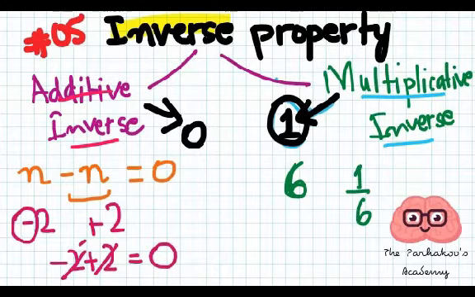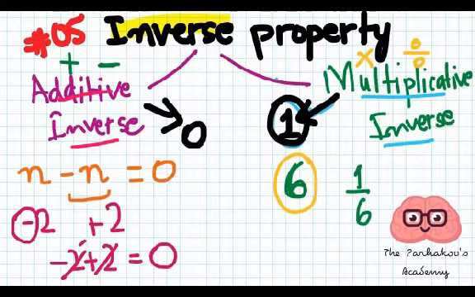As you all know, the opposite of addition is subtraction. Similarly, the opposite of multiplication is division. So if I want to nullify this thing, I need to divide, right? So we will multiply it with 1 upon 6.